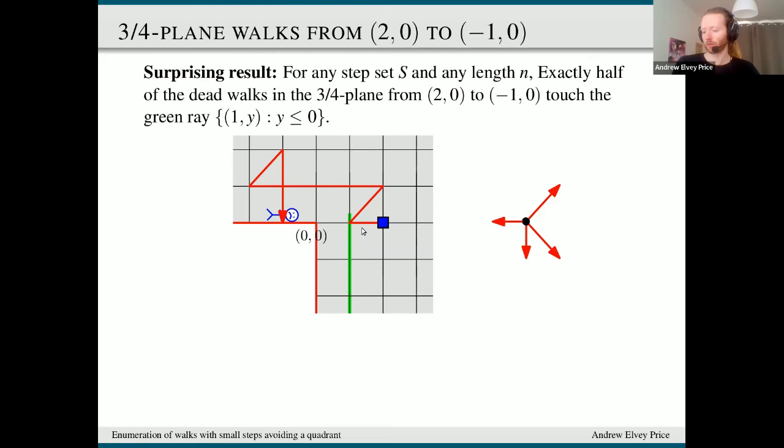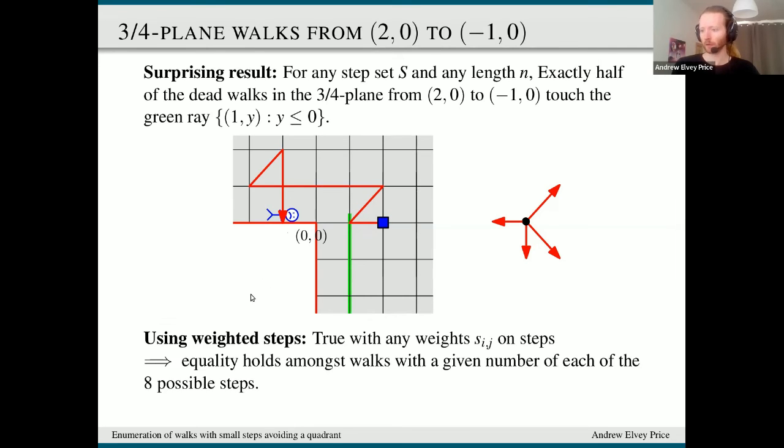To see the relationship with the last page, the walks that don't touch the green line are essentially walks from (1, 0) to (-2, 0), in a sense. We can do all the same things where we put weights on the steps, and somehow this implies that this equality even holds if we require that the walks have a specific number of each type of step. So it would be nice to have a bijection for this.